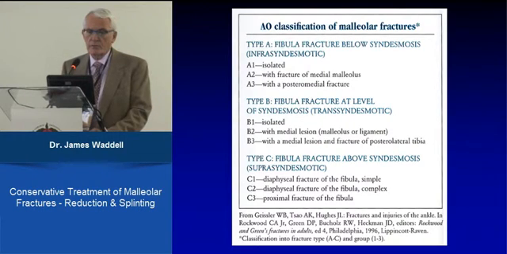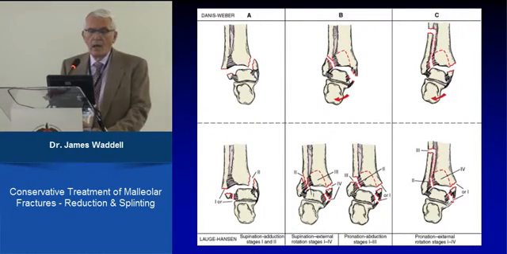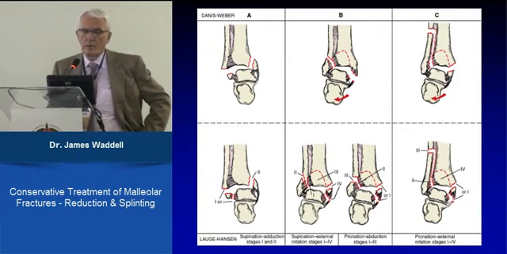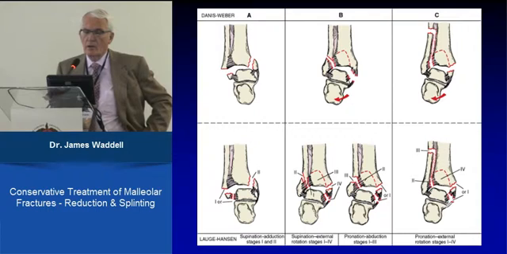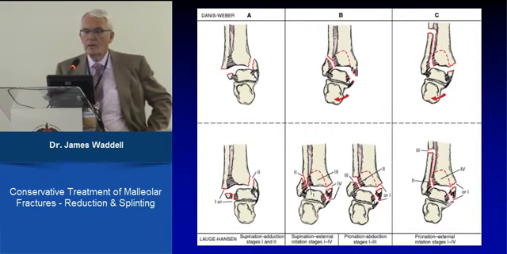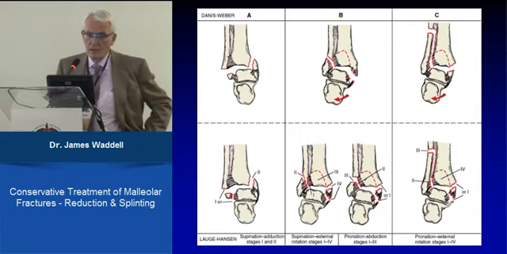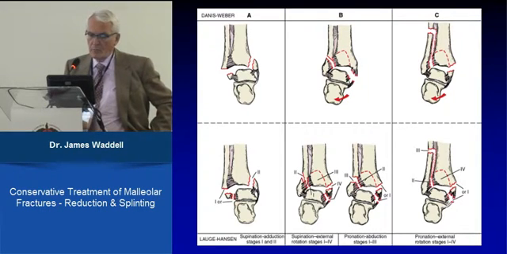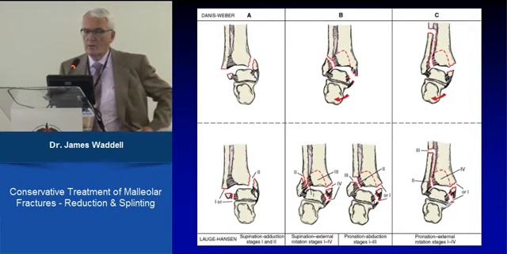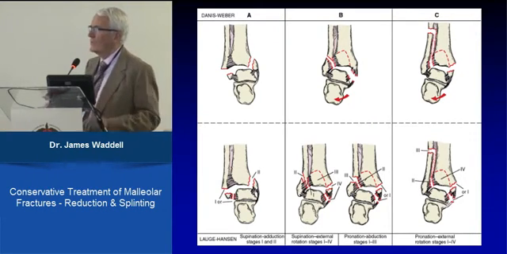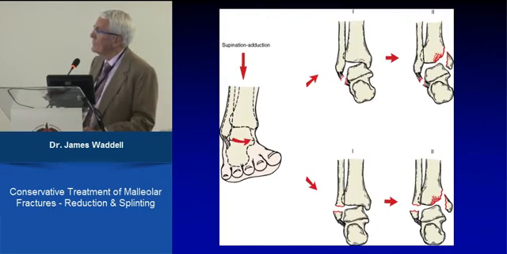So here's the AO classification. You're all familiar with this. On the top, you have the Weber or AO classification, and on the bottom you have the Lauge-Hansen classification, and you see that the supination adduction injury is the equivalent of the Weber A. The supination external rotation, stages 1 through 4, or the pronation abduction, stages 1 through 3, give you a fracture pattern that's identical to what you see with the Weber B. And the pronation external rotation, stages 1 to 4, give you a Weber C. So in fact, these are the same fracture classifications.